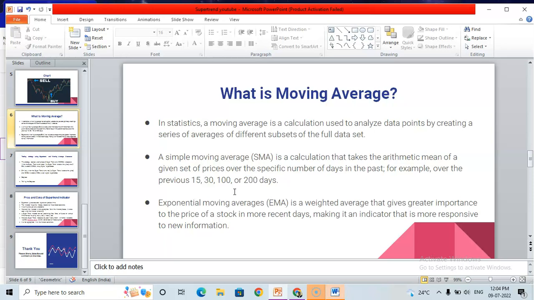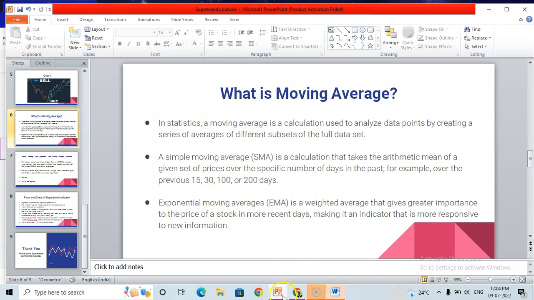This indicates that it is more responsive to new information. So if you are using the exponential moving average, then it will be more accurate than the simple moving average. There you will have 5-day, 10-day, 20-day, 30-day, 50-day, 200-day moving averages.